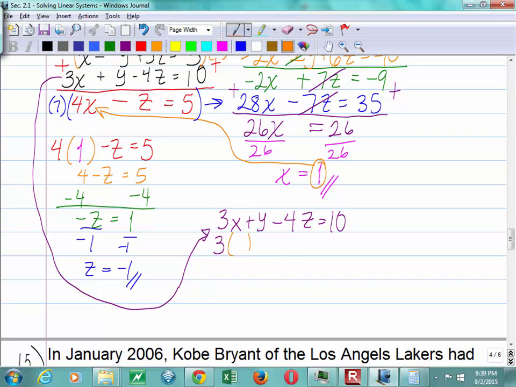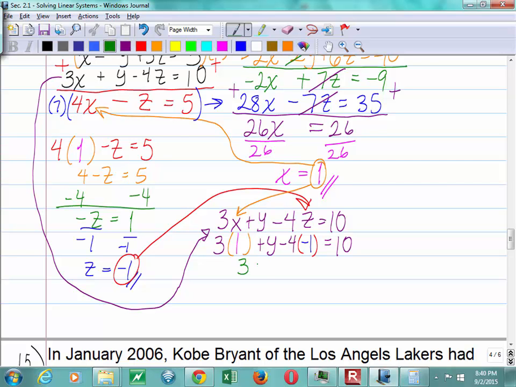So that's 3 times 1 plus y minus 4 times negative 1 equals 10.